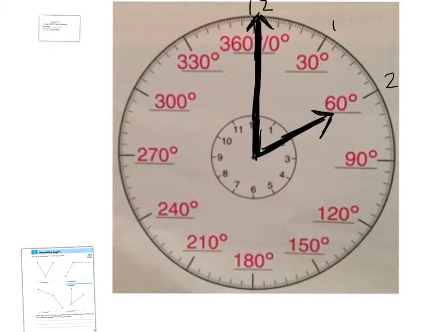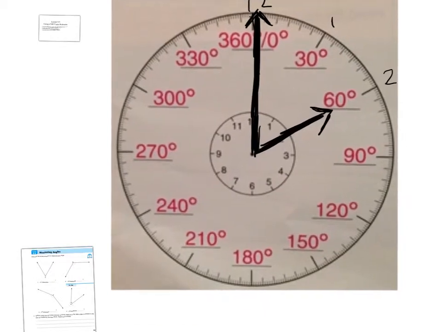If I said to move the small hand 30 degrees clockwise, you would move this part of the hand down 30 degrees.